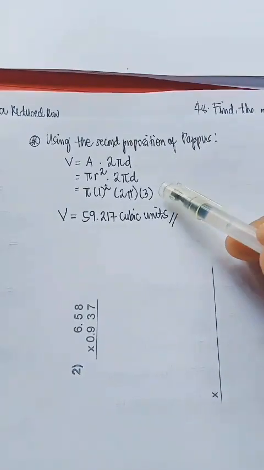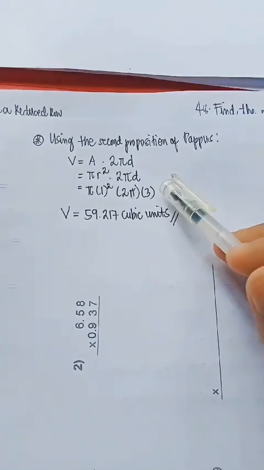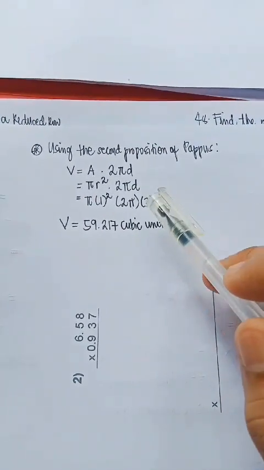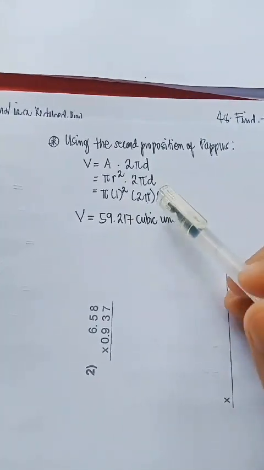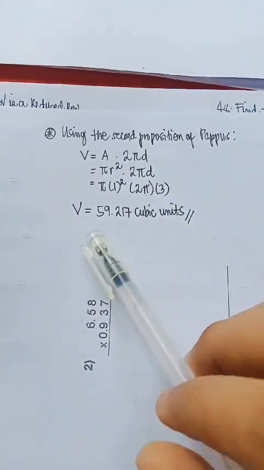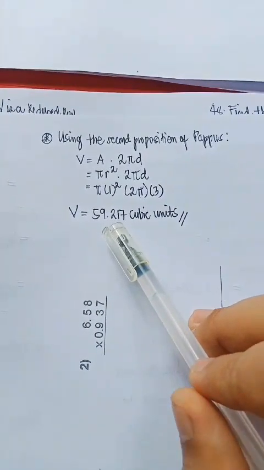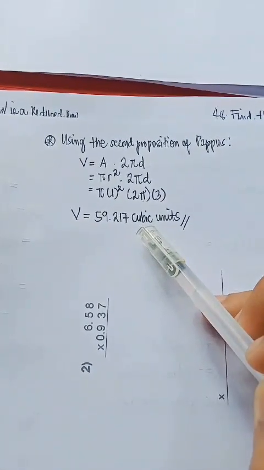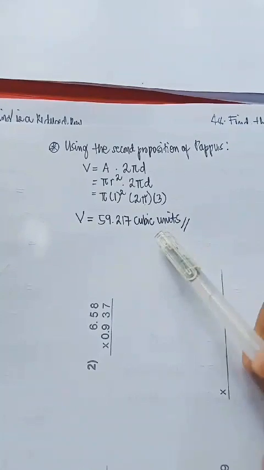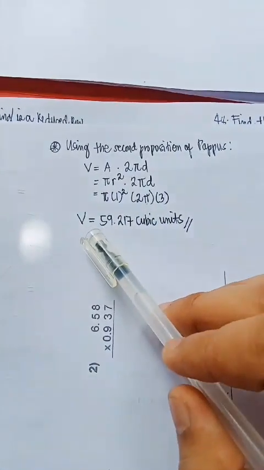If we calculate this, we get a resulting answer, which is 59.217 cubic units. So the final answer is this.